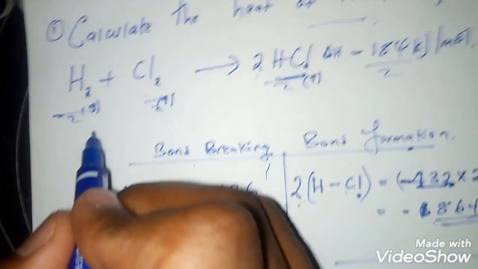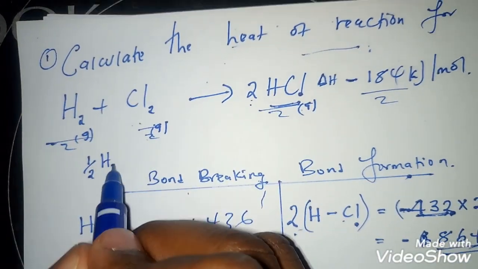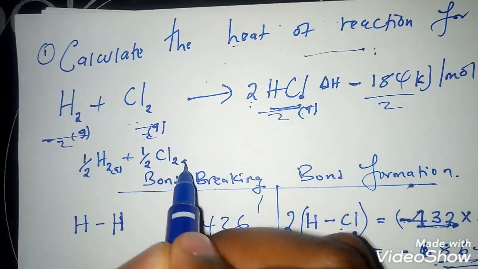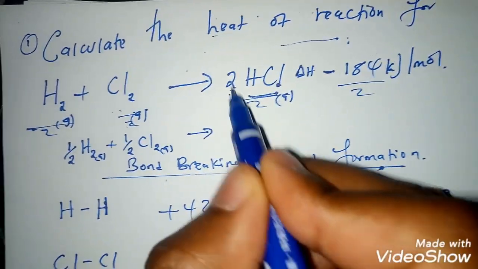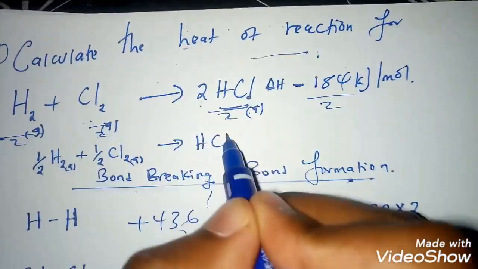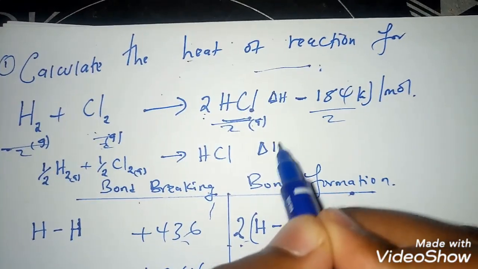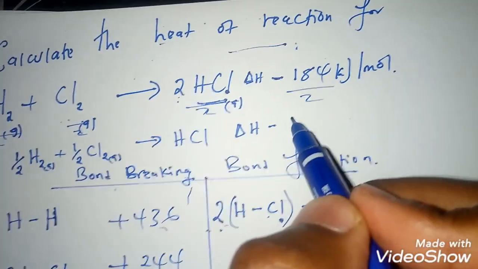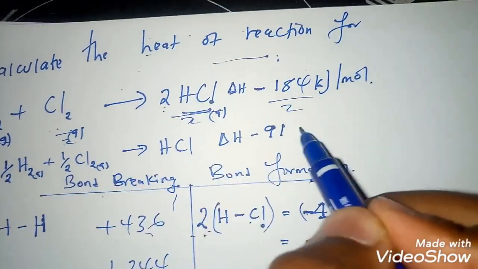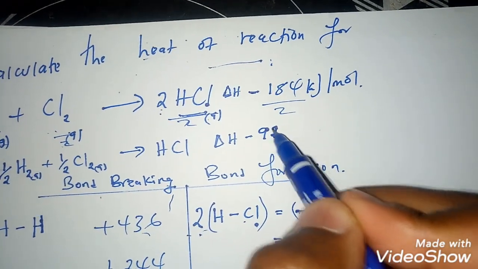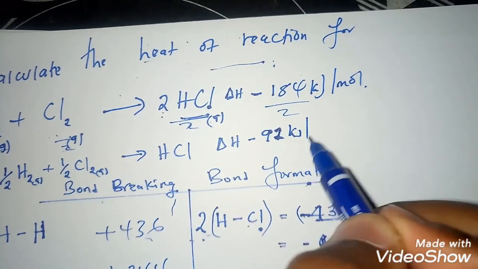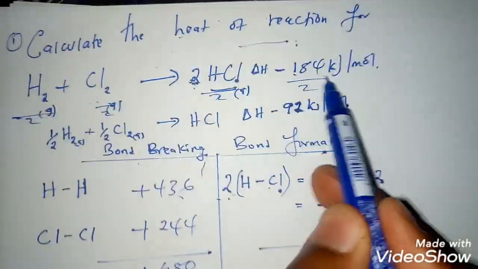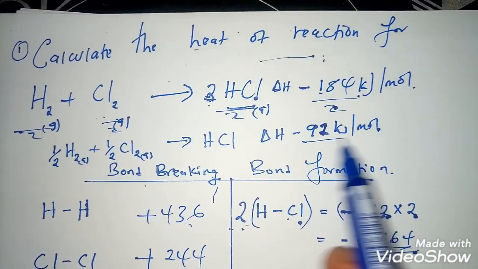Therefore, what you'll have is a half hydrogen gas plus a half chlorine gas to give you 2 divided by 2, that is 1 hydrogen chloride. The overall energy for that reaction is negative 92 kilojoules per mole. So if you want to form only one, you take this one, divide by 2 to get the energy change for 1.